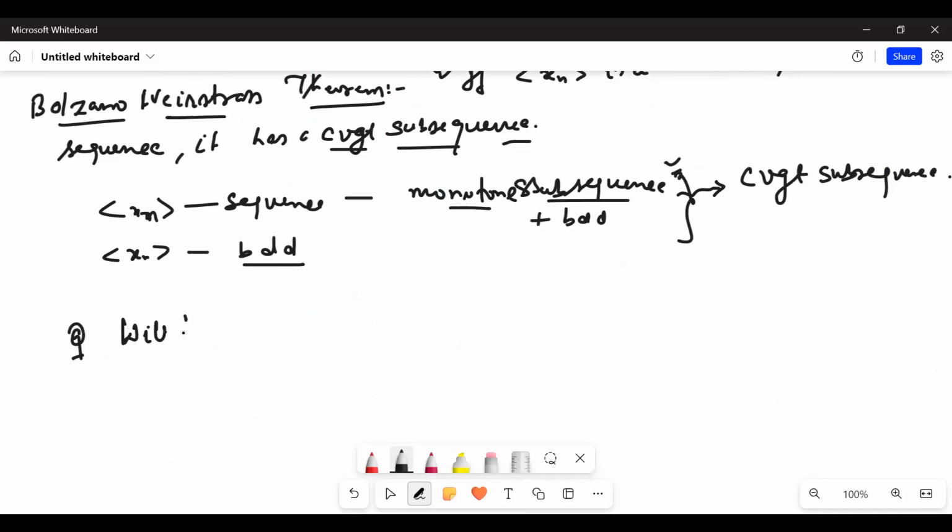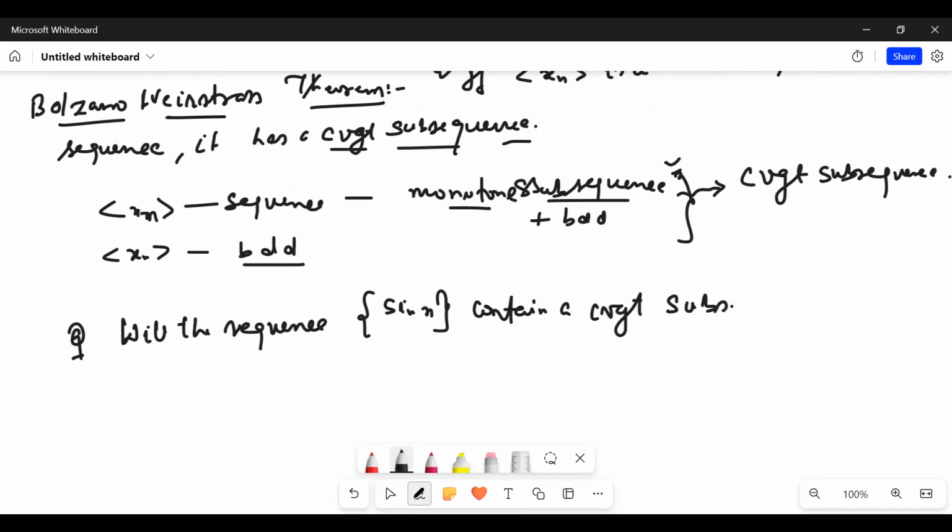Will the sequence sin n contain a convergent subsequence? Yes. Why? Because sin n is bounded. If sin n is bounded, the sequence is bounded.